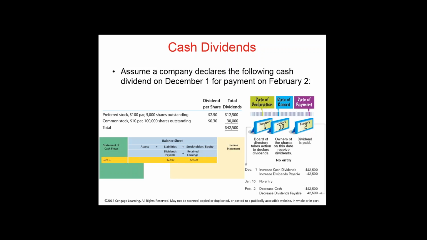You can see from this on December 1st, we're going to record dividends payable and cash dividends. Nothing on January 10th, that's the date of record. There's no accounting entry involved. And then on February 2nd, when we actually pay it out, we'll decrease our cash and decrease our dividends payable.